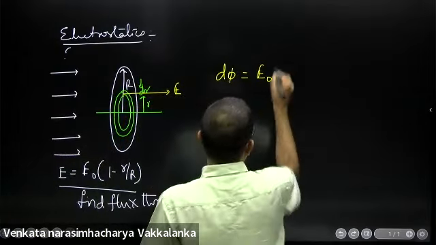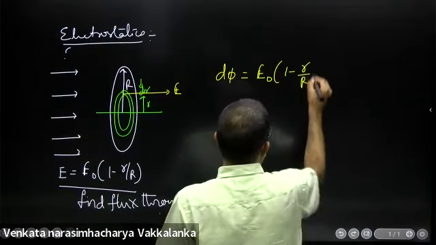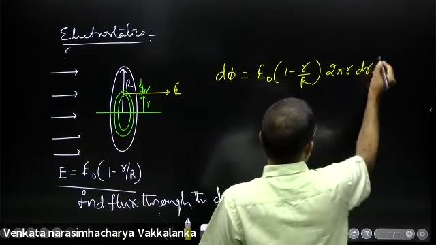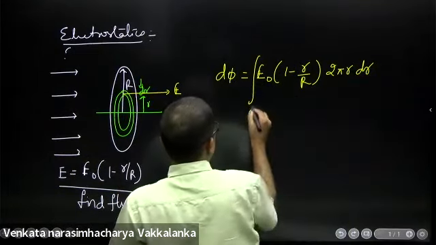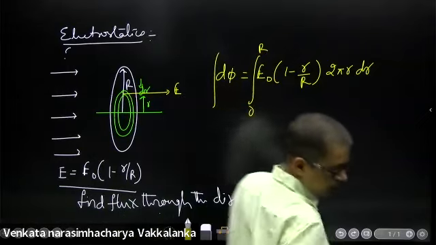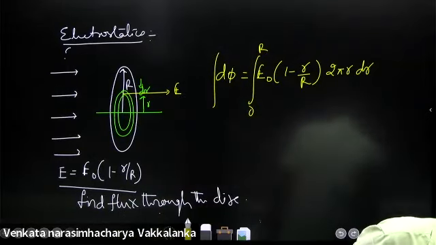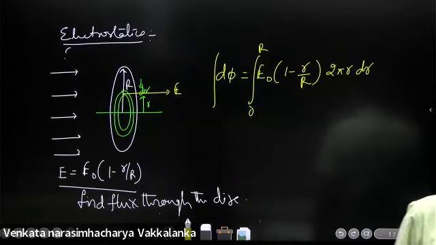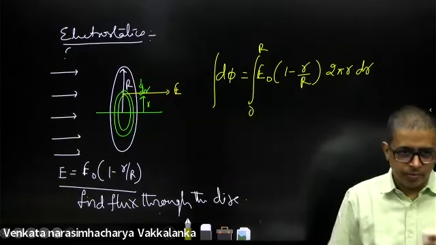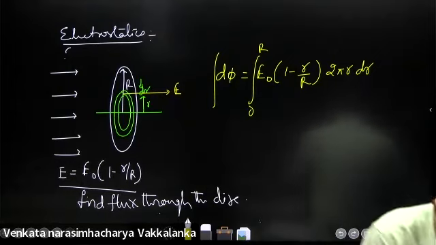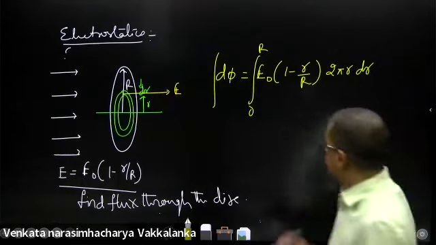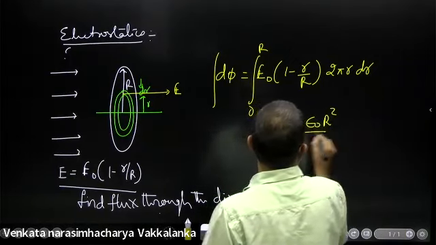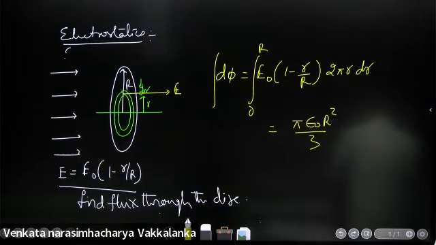This will be E naught into 1 minus small r by capital R. Area is 2 pi r dr. Integrate this from 0 to capital R. Should not be difficult. And the answer is pi epsilon naught r square by 3.